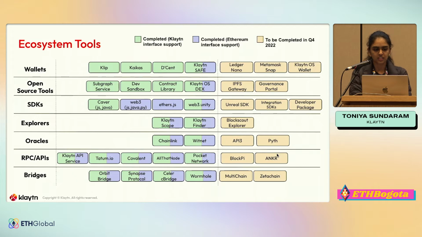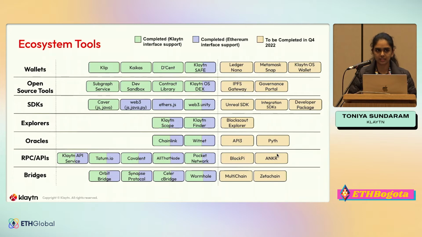So here are the tools which you can be using for developing your DApp during the hackathon. As a protocol, we don't want to be opinionated on what tools you should be using or what services you should be using. So we wanted to provide all the services and multiple options for you to build on Klaytn.